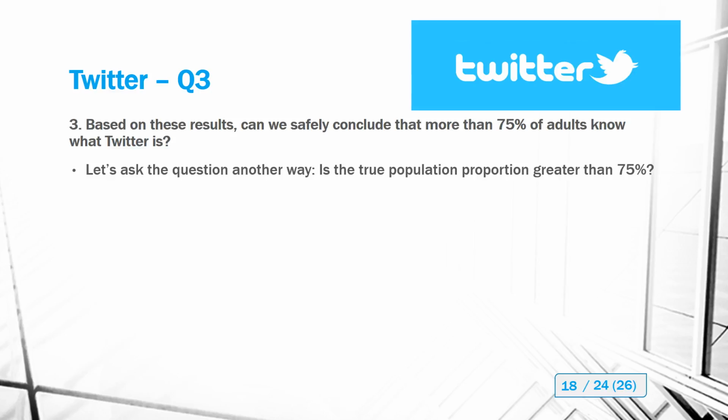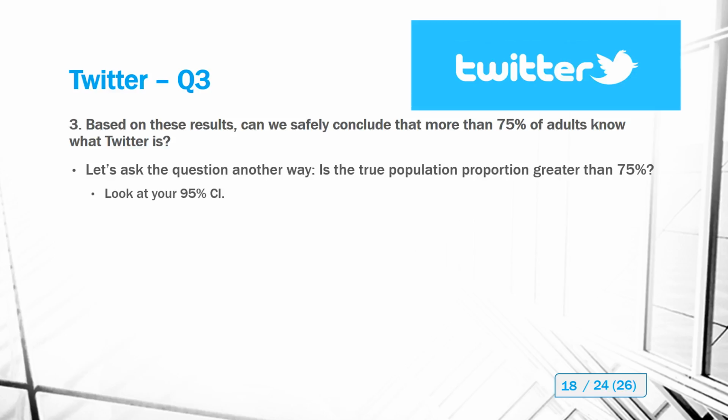We don't know what the population proportion is, but we have a confidence interval, and we're 95% certain that that true value is somewhere in that interval. So what we're really asking when we ask, can we safely conclude that more than 75% of adults know what Twitter is, is that true population proportion value more than 75%?